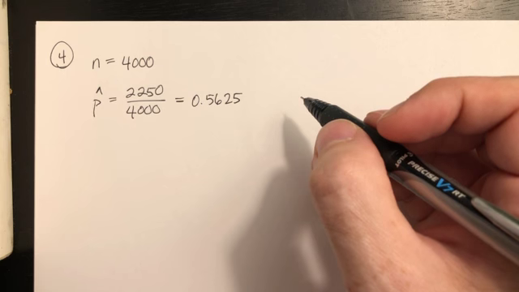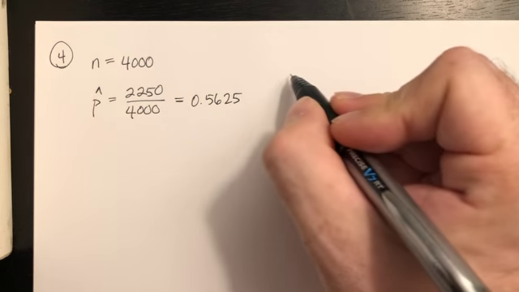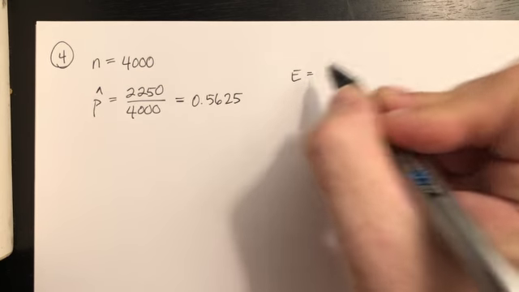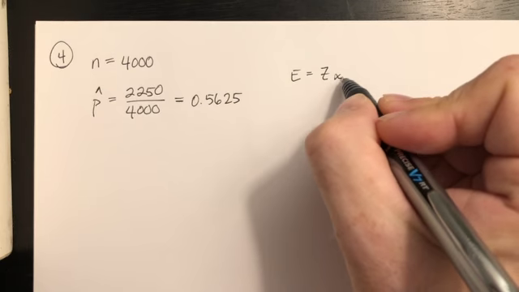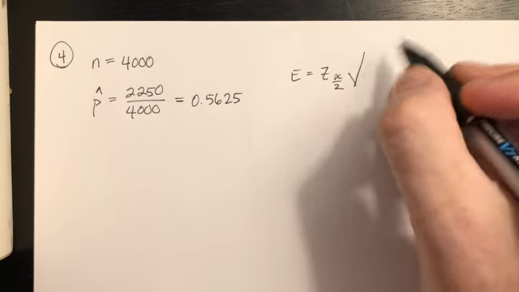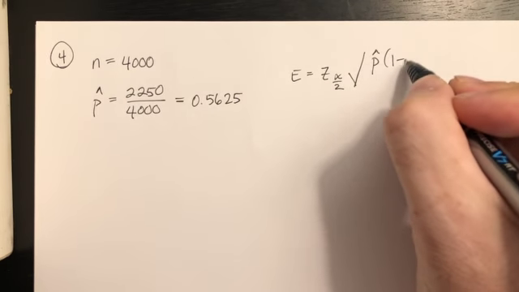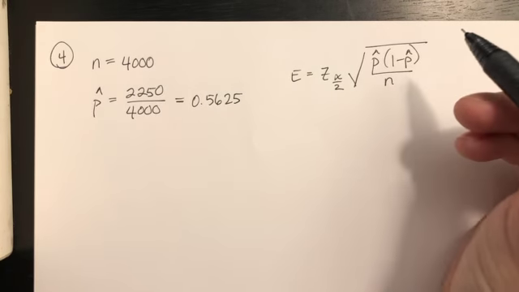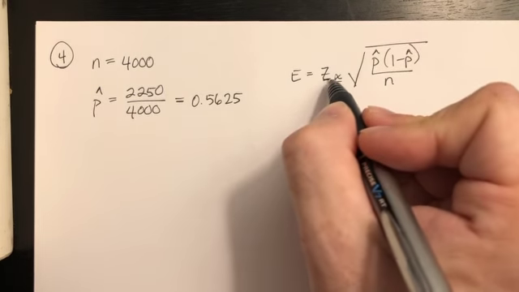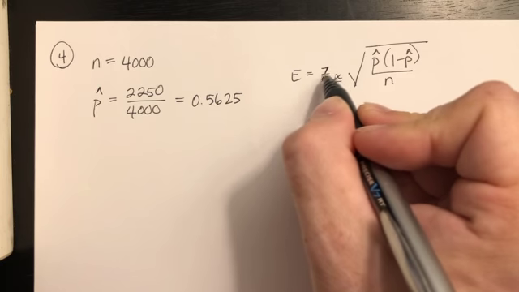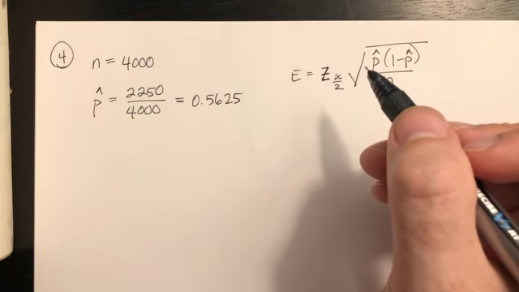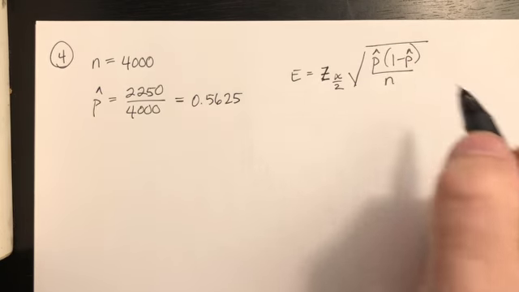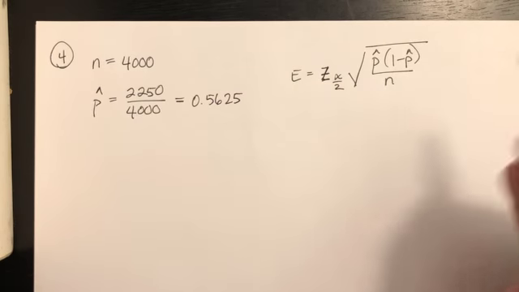So we want to find our margin of error, and that is z alpha over 2 times the square root of p hat times 1 minus p hat all over n. This margin of error helps me understand that this sample is not exactly the whole population, but it is really close to it within a certain amount.